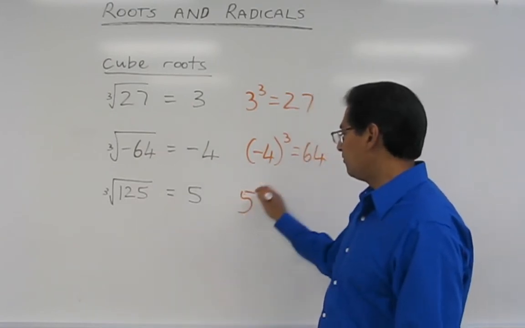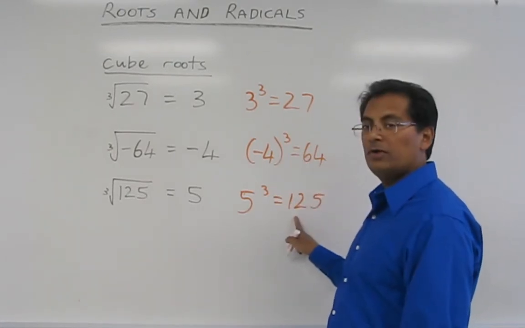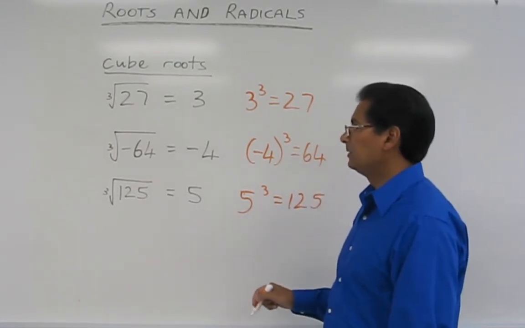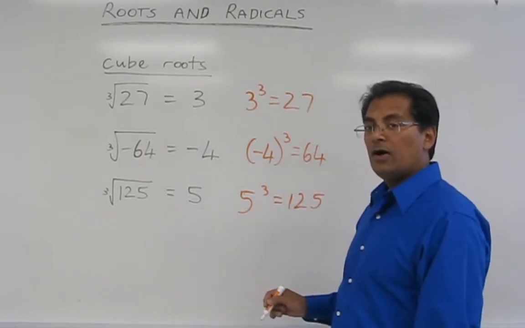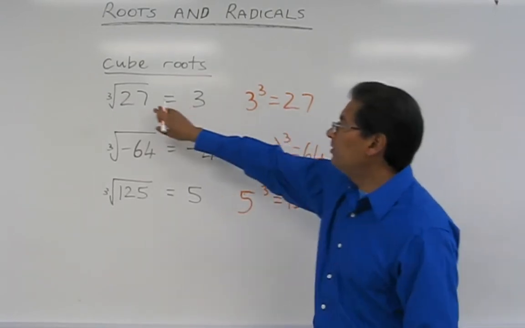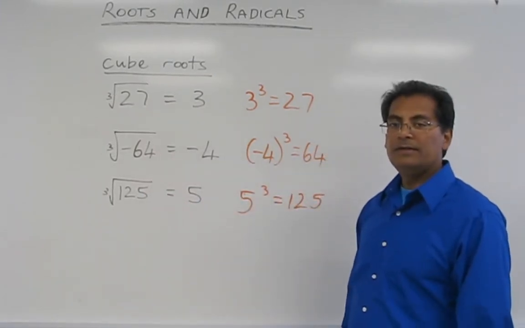So because 5 cubed is 125, the cube root of 125 is 5. These are what we call perfect cubes. Again, if you want the cube root of a number that's not a perfect cube, then we're going to have to use the calculator, which we'll see in a minute.